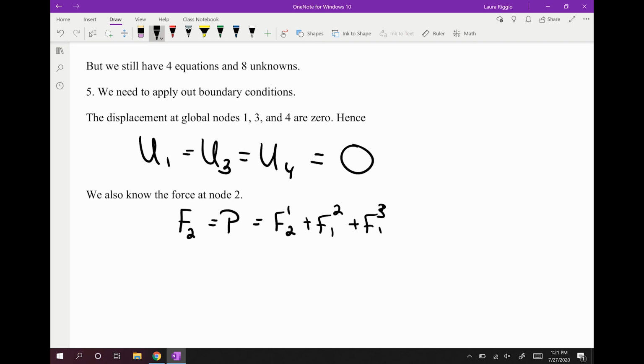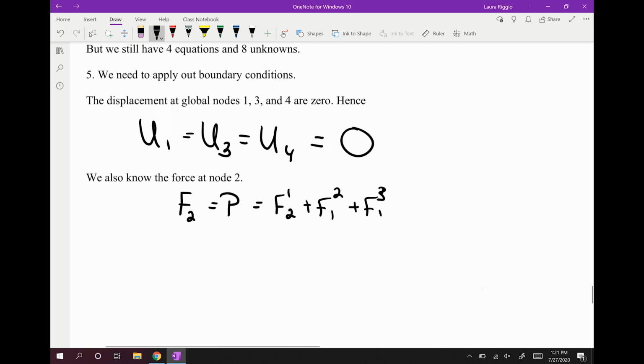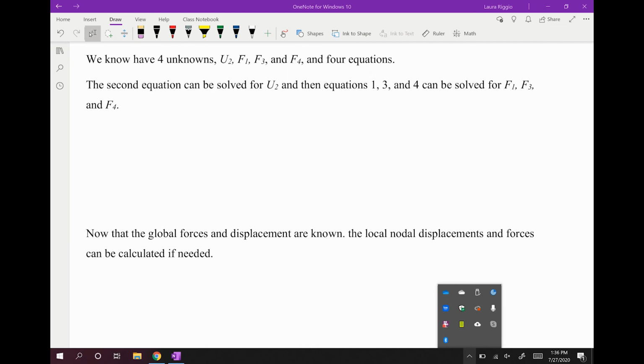So we can actually condense down our system, which means we're going to cross off information that we know based on our boundary conditions. Now we have 4 equations with 4 unknowns, so our system is solvable.